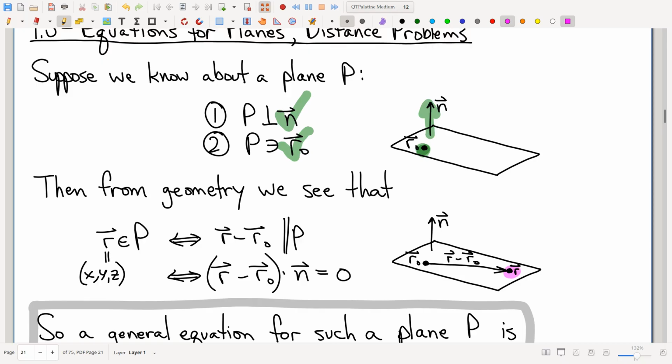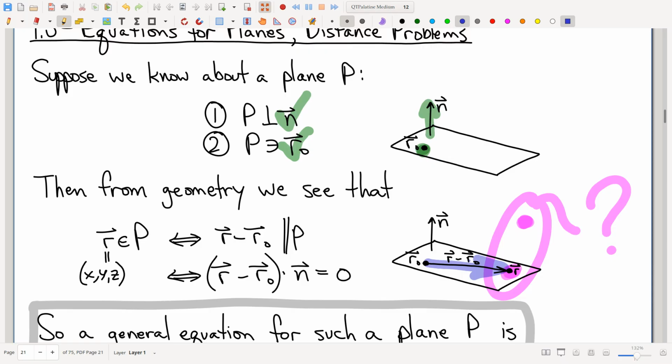How would I test a point like that, which, as I've drawn it, appears to be in the plane, but as far as I know, maybe it's up here? I don't know which of these cases I'm looking at. If you give me some random point, is it in the plane? Is it not in the plane? How do I tell? So the big idea is to subtract the point that you're trying to test, R, subtract R naught, the point you were given.